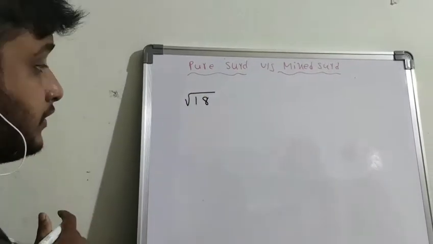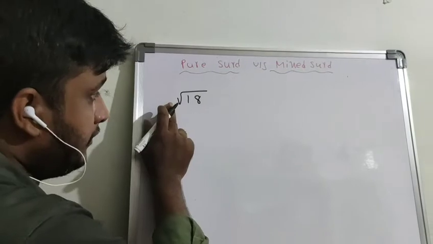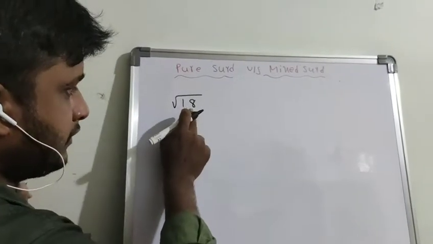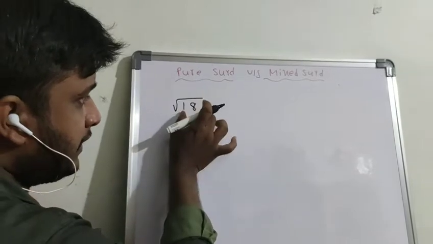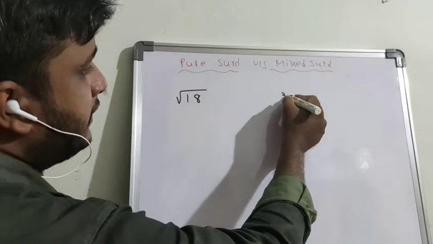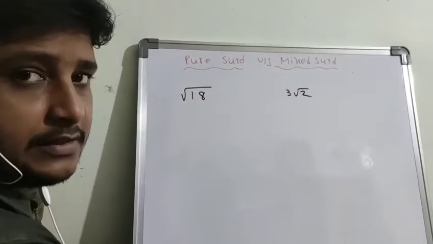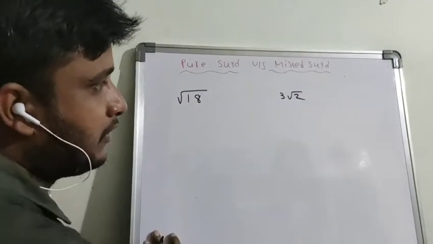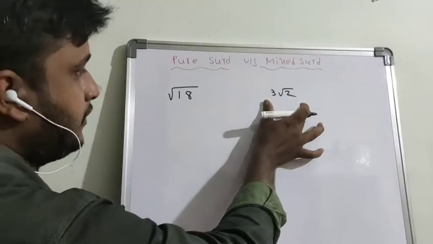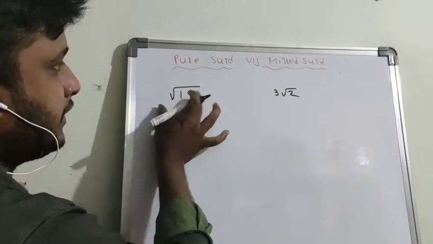That means we don't have any coefficient; every number is simply inside the root, the radicand. And a mixed surd we can write as 3 root 2. That means it has a coefficient. This is called a mixed surd. But where there is no coefficient, that is called a pure surd.